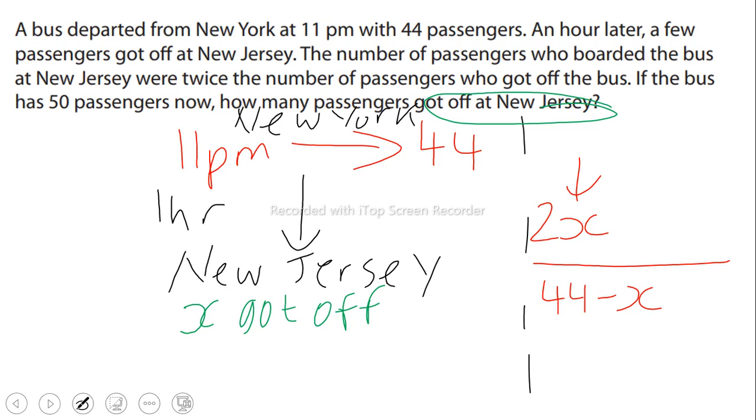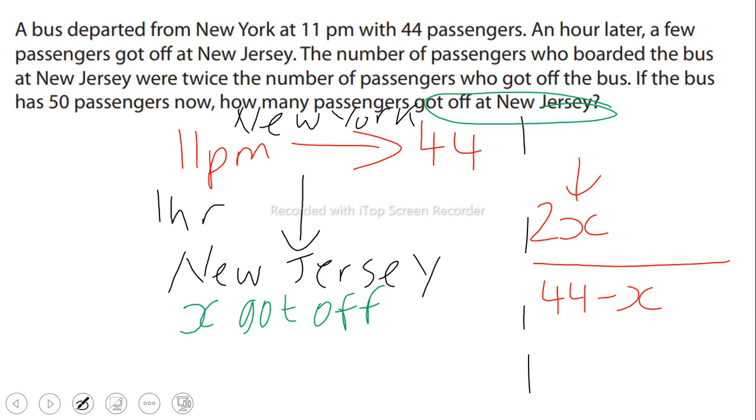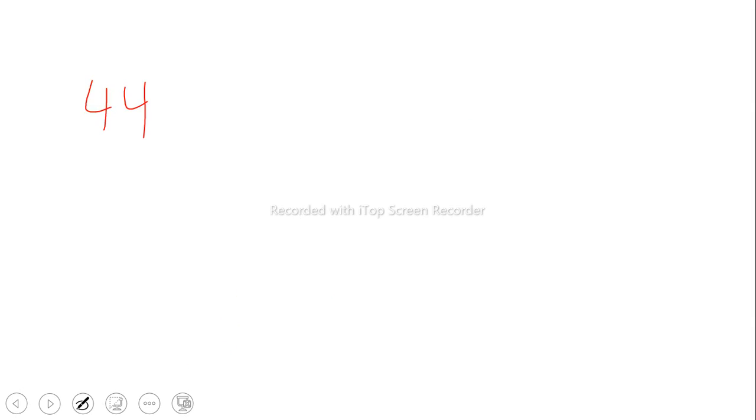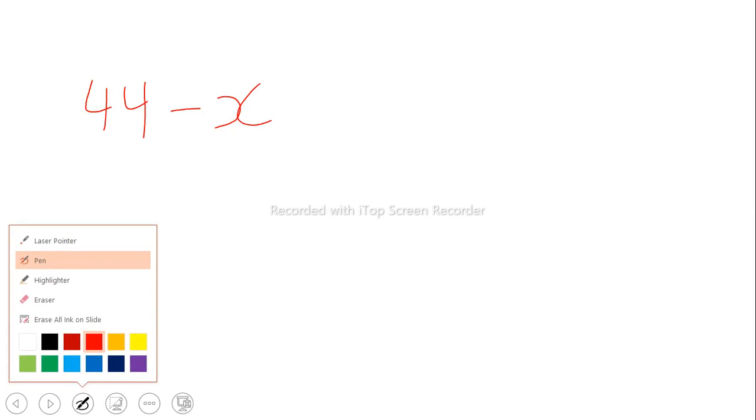All right. This is what happened. Remember, we had 44 passengers in the bus. How much got off at New Jersey? X, right? X got off. Good. But how many people came on the bus?